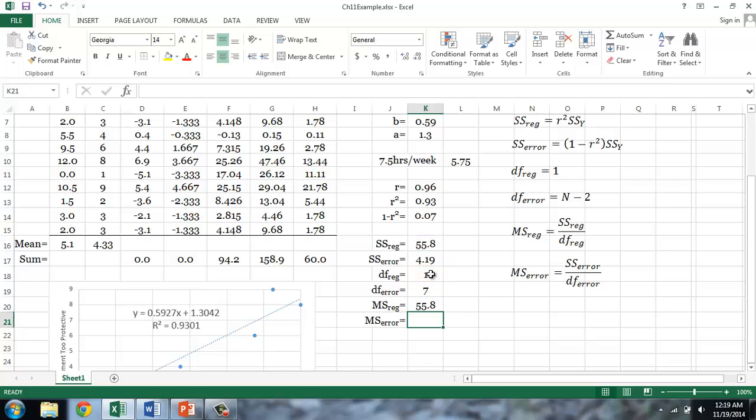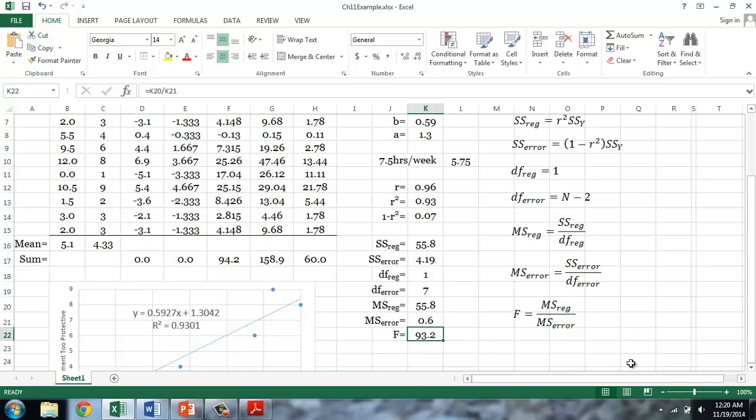Our error mean square is equal to our error sum of squares divided by our degrees of freedom, or 7. Finally, our F ratio is equal to the regression mean squares divided by the error mean squares, or 55.8 divided by 0.6, which gives us an F value of 93.2.